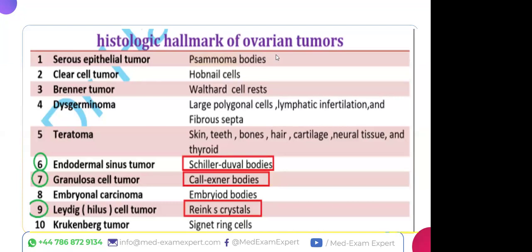Excuse me, sir. Yes. If a teenager is sexually active, will we go for transvaginal or transabdominal ultrasound? Sorry? Ask your question. If she is sexually active, can we do a transvaginal ultrasound? Is this your question?